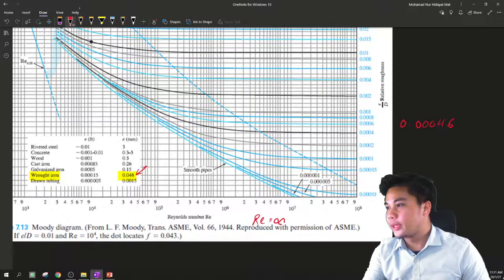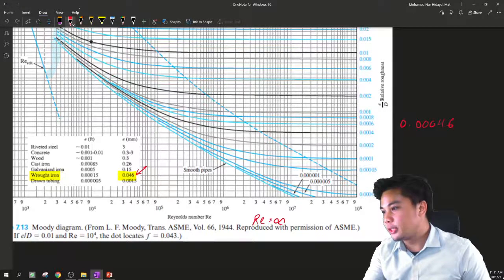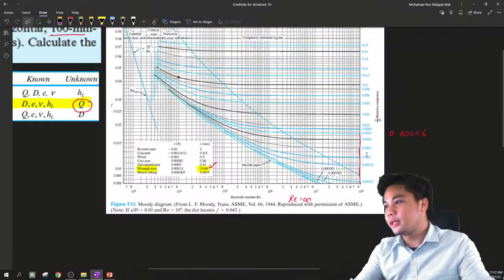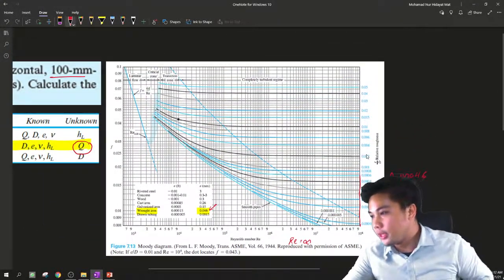We choose this line, the maximum one, and we draw it. You should use your ruler; this one is just my handwriting.